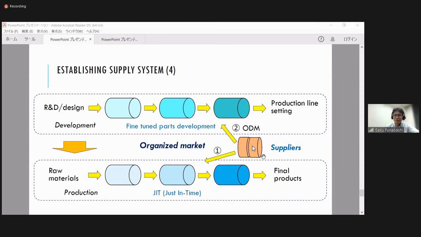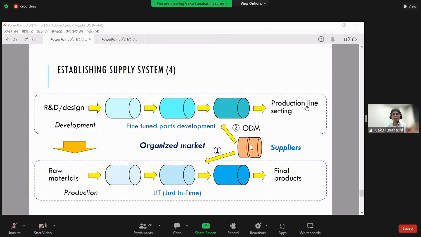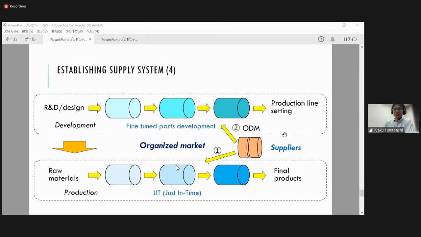How are they involved? Do you remember OEM and ODM, which I talked about yesterday? OEM, original equipment manufacturing. ODM, original design manufacturing. Some suppliers, because their technology level is very high, can also design the components.